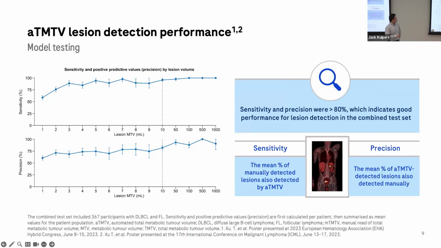So going for the smallest lesion, with a volume of 1 milliliter, the sensitivity is probably around 50, 60%. But once the lesions reach over 10 milliliters, the performance is in general very good, above 90% for the sensitivity, and I think also above 80% for the precision of the detection.